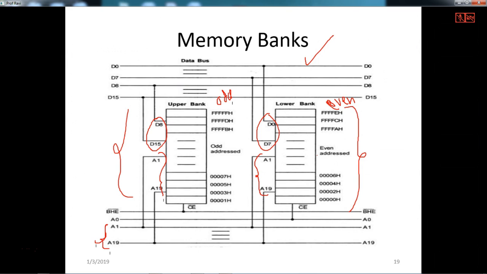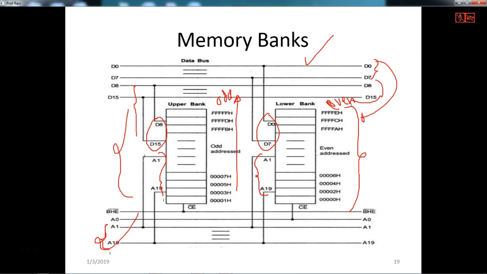So the A1 to A19 and A1 to A19, if you have 1 MB, means total 1 MB locations, then D0 to D7 of 8086 should be connected to the lower bank, means even, and D8 to D15 should be connected to the odd bank. So this is a rough sketch you should know in the mind. That means here D0 to D7 of this memory should be connected to D0 to D7 of the processor. And D8 to D15 you have to connect to the upper bank, odd bank.